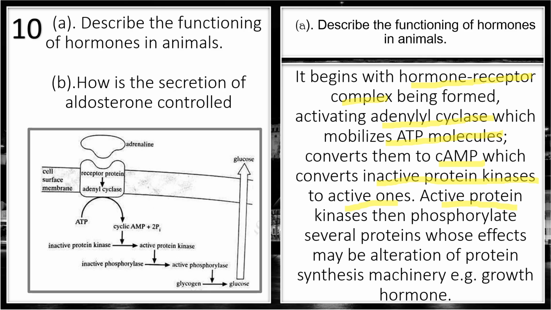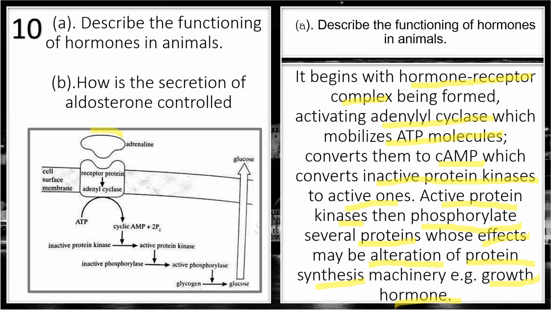The active protein kinases then phosphorylate several proteins, whose effects may include alteration of protein synthesis machinery, like growth hormones.